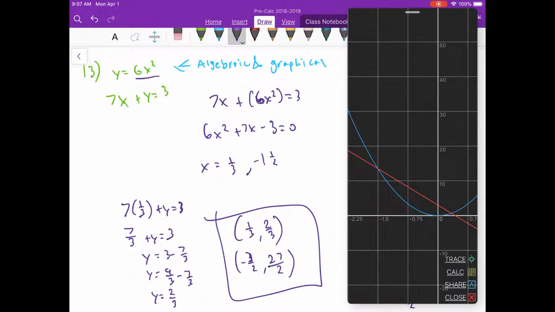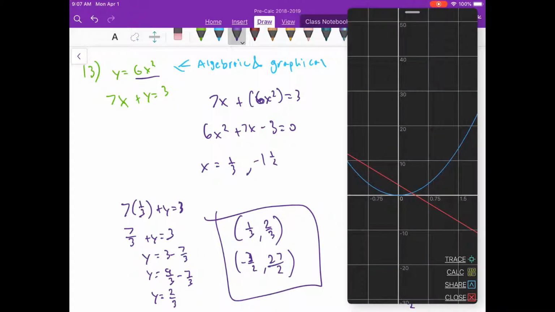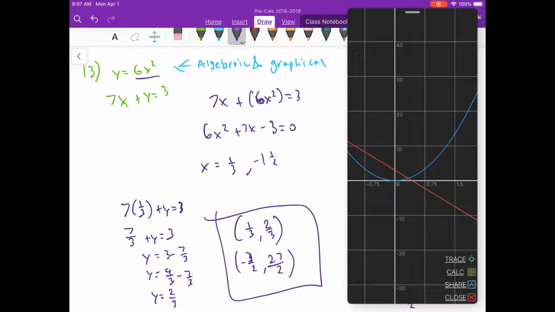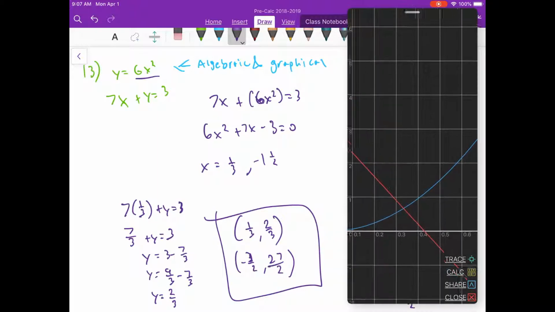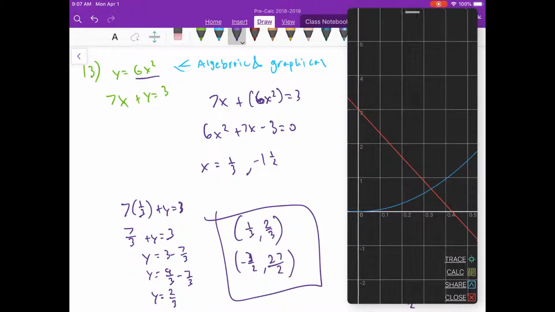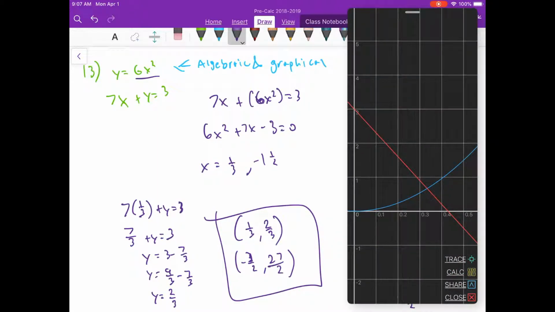So negative 1.5 and about 14 is exactly what's going on here. And then on the right side, that looks like the x coordinate 1/3 and the y coordinate 2/3. If I zoom in a little more, yeah, that looks like about 1/3 and 2/3. Seems pretty accurate to me.